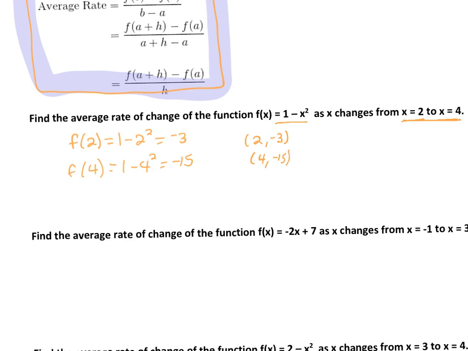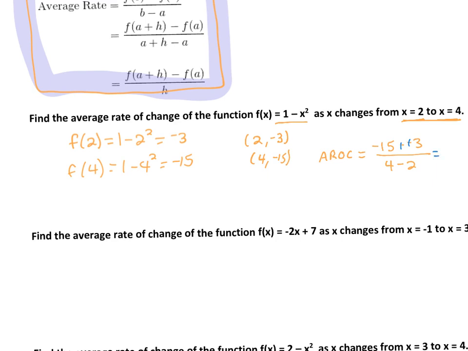Now to find our average rate of change, I'm going to abbreviate that Aroc. We are truly just going to find the slope. So we are going to do negative 15 minus negative 3, and I'll clean that up in just a second, and then we'll have 4 minus 2. So this is going to become plus a positive.